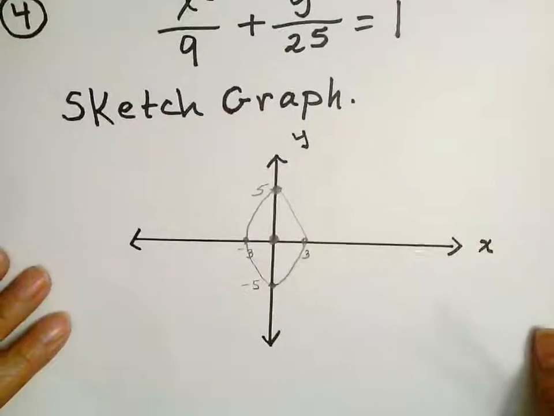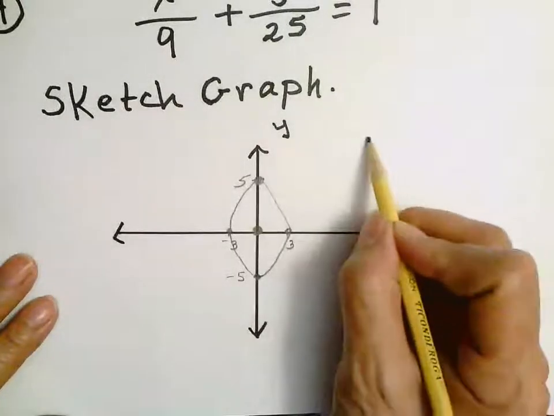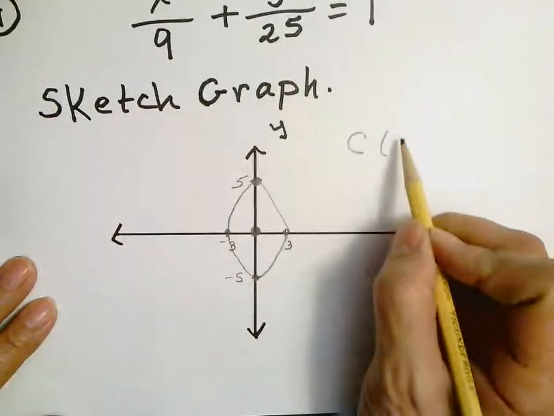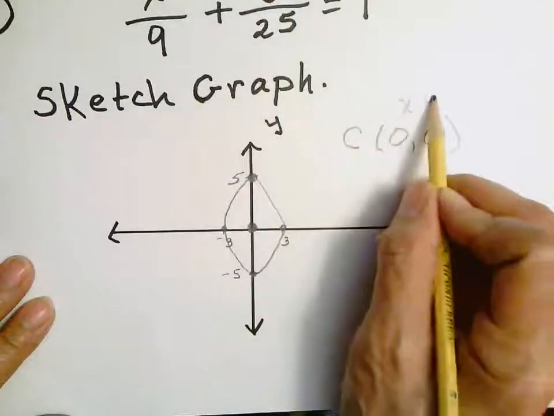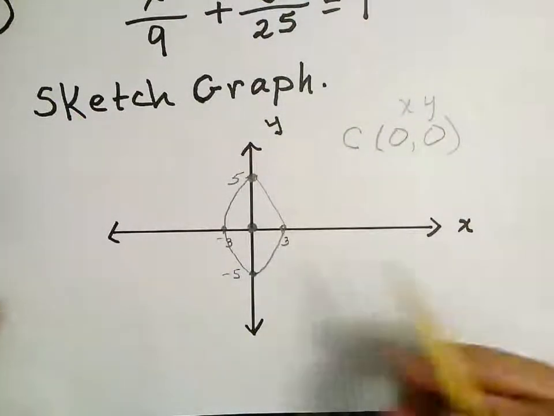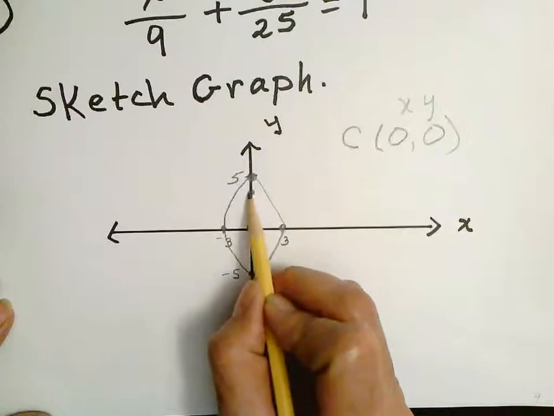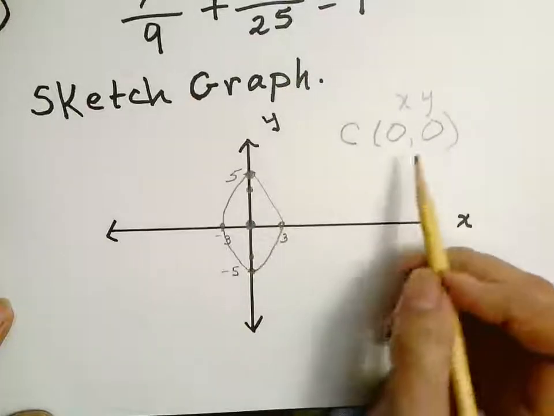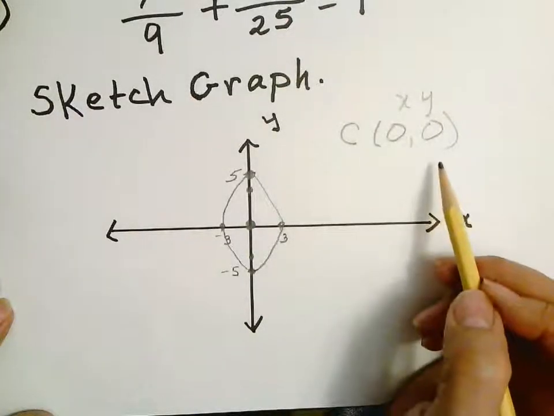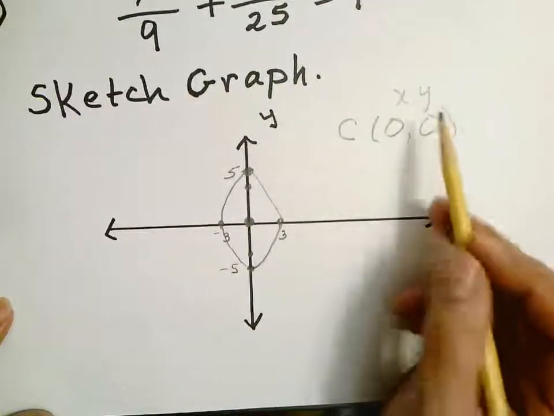If I go back to my graph, my center is 0, 0. This is the x, this is the y. The foci points have to be on the major axis, which is the vertical major axis, and we're going to be moving up and down. When we move up and down, we change the y variable.